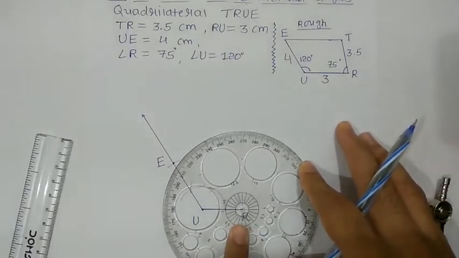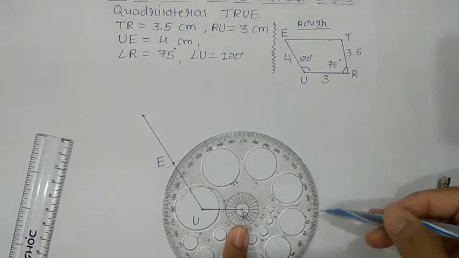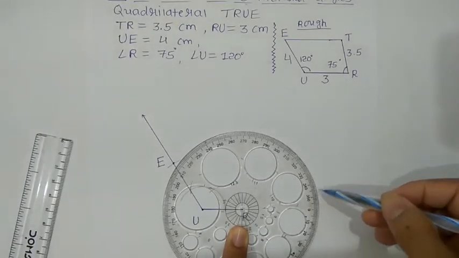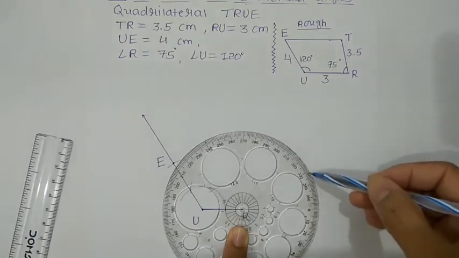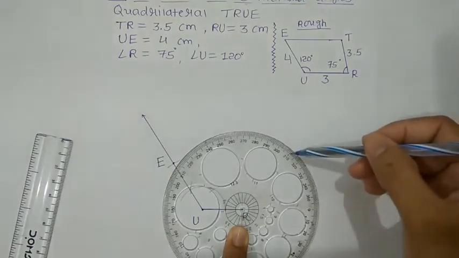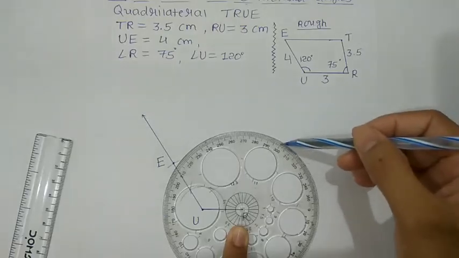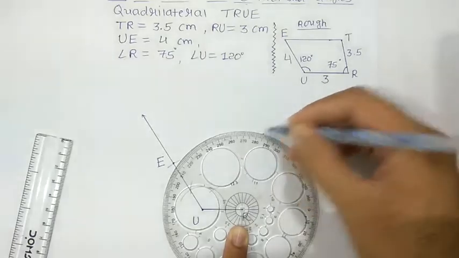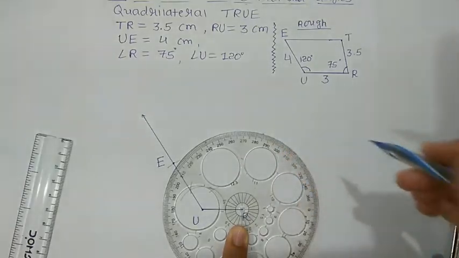Okay. Now see, this is the 0 degree. Now if we move here, we get 10 degree, 20, 30, 40, 50, 60, 70, and this point gives us the 75 degree.